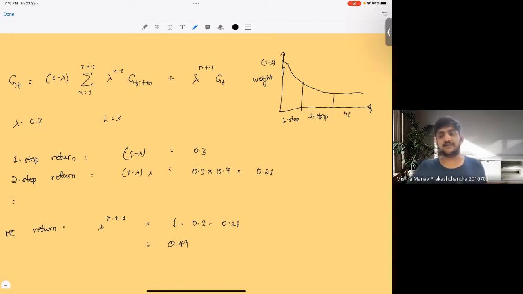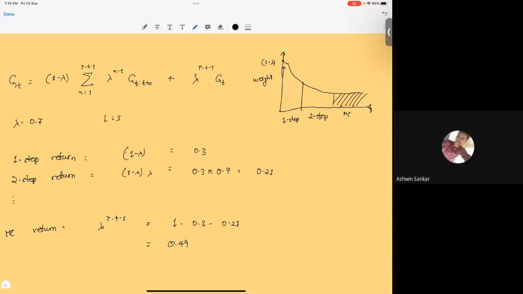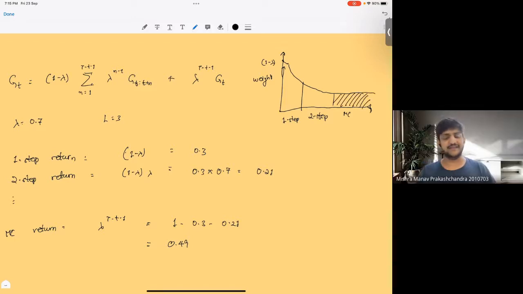So what you're looking at for calculating the weight is not the height on the y-axis. What you're really looking at is the area under the curve. The region which has the maximum area would have the highest weight.